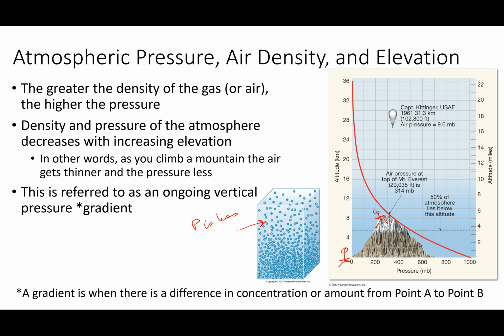Be able to explain that. A change in anything we call a gradient, so a change in pressure we call a pressure gradient. Here pressure is lower, so I'll put an L up here. Pressure is higher down here, so I'll put an H there. That's an example of what we call a vertical pressure gradient.